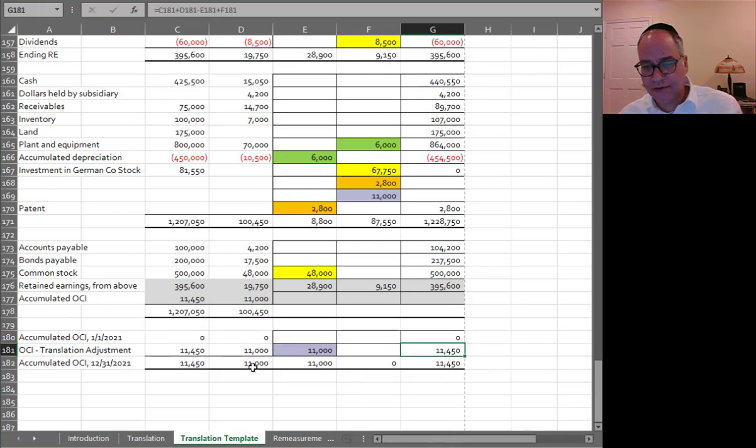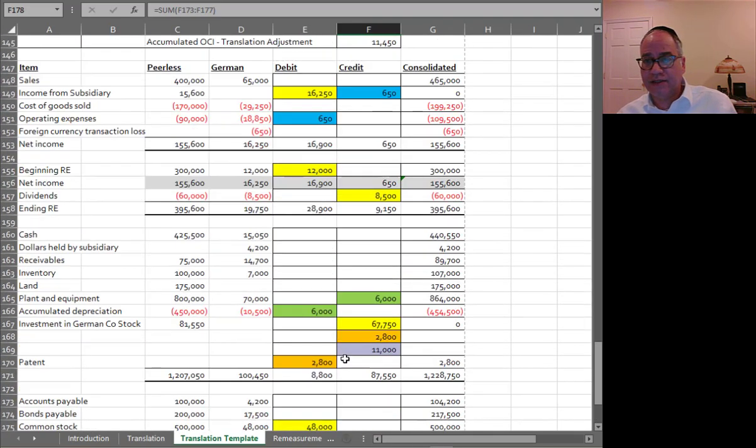We're always looking at everything to make sure that it makes sense, for example, that what's on the parent is on the sub if I'm using the full equity method, and that the balance sheet balances, of course. And you can check, I already checked that debits equal credits. They both add up to 96,700, and that's your translation.